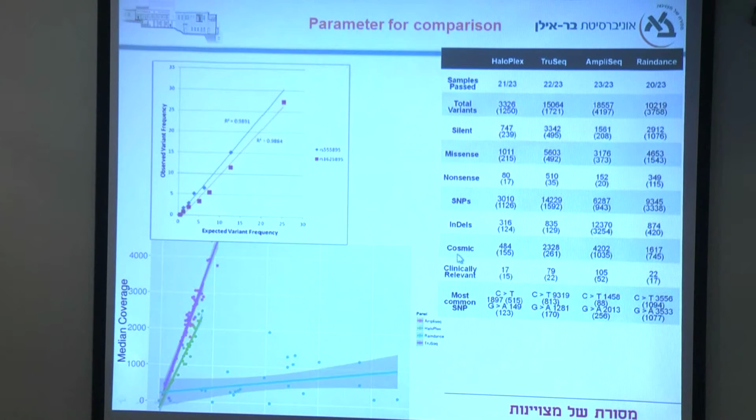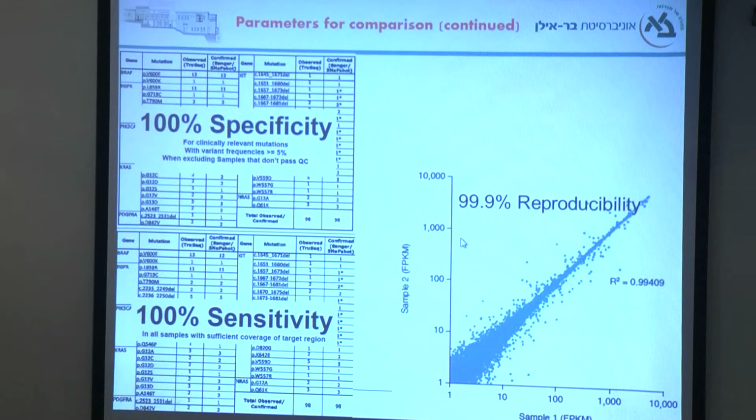Then you want to see that you can recognize all different forms of mutations, whether they're missense, indels, etc. And then you want to know if, for a known panel of cancers, if they carry a specific mutation that was detected by a standard methodology, you want to know that you never miss one of those, and that's the answer for at least 5 of those methods that I described to you.